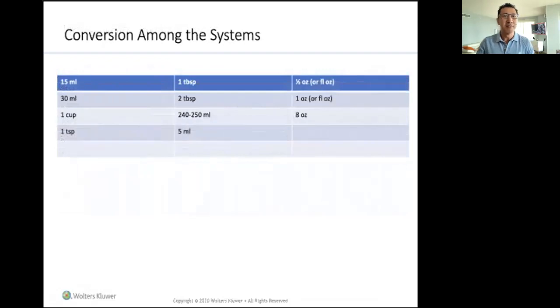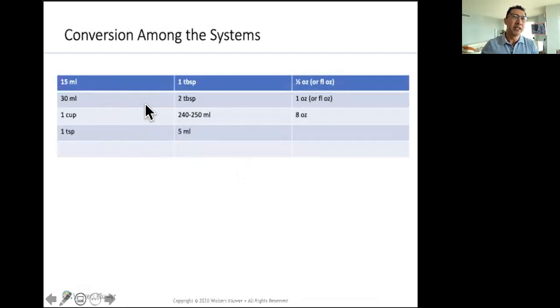So this one, look at it, the conversion among the systems. 1 teaspoon is 5 mLs, and 1 tablespoon is 3 teaspoons.